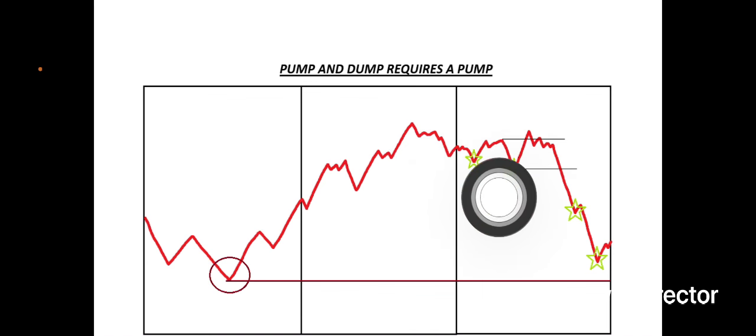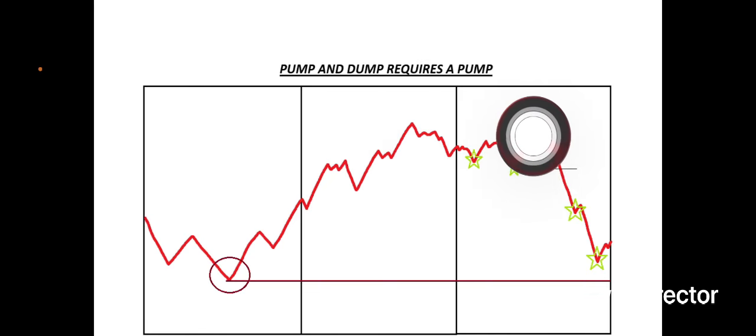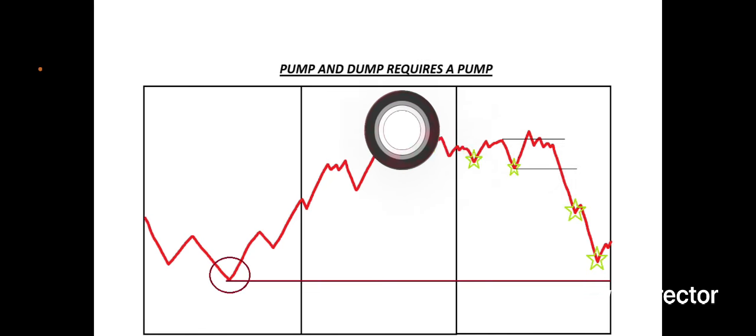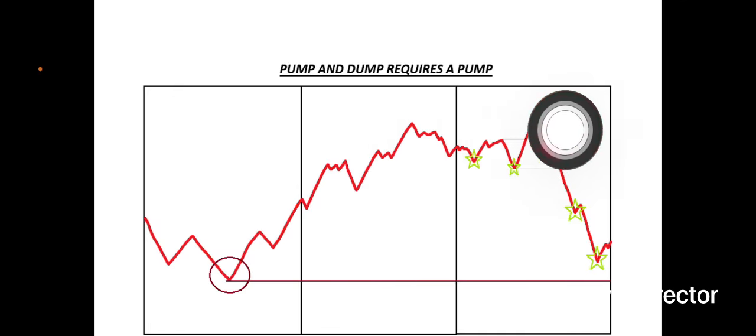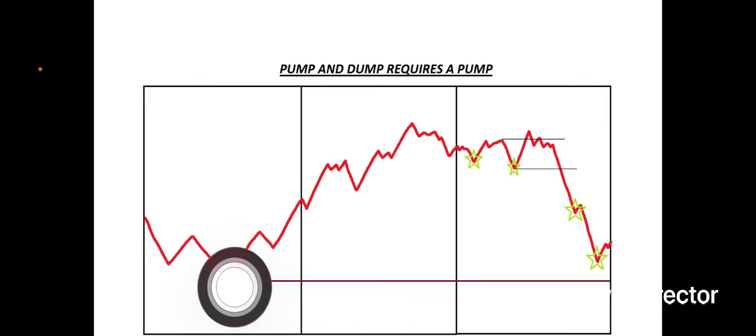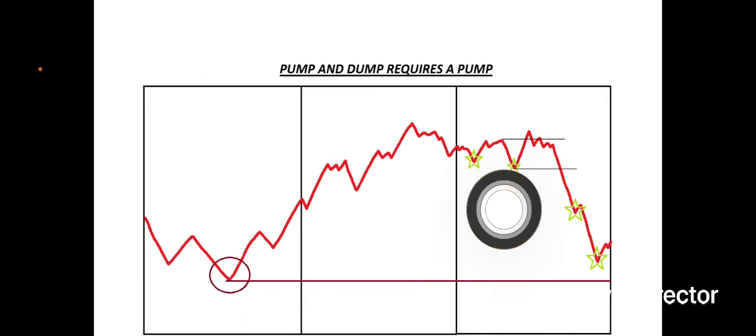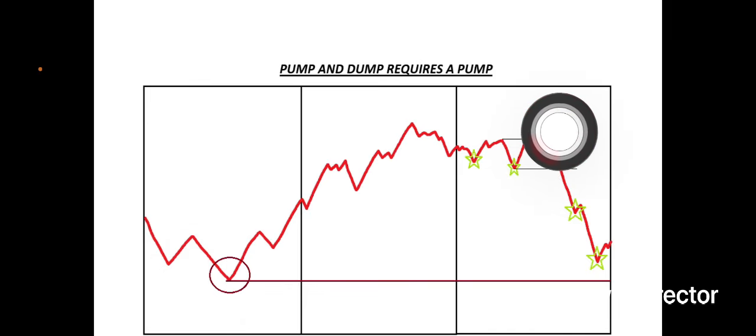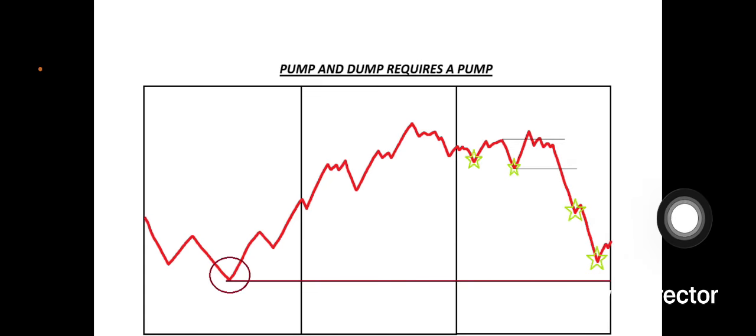Then this market pumps back up into these highs, through the high of the day, into the previous day's high before dumping. And you can see this London low is just like this low. This is an anchor point for this pump, coil, and dump. Every pump and dump is going to start with a pump.